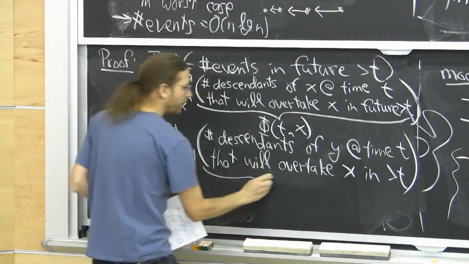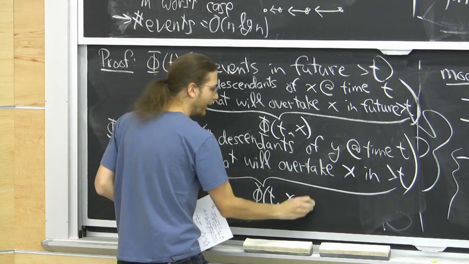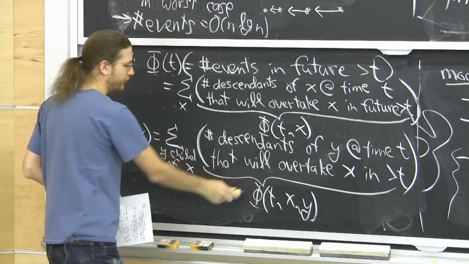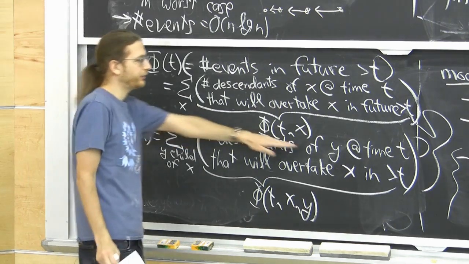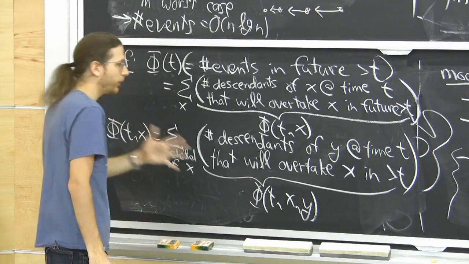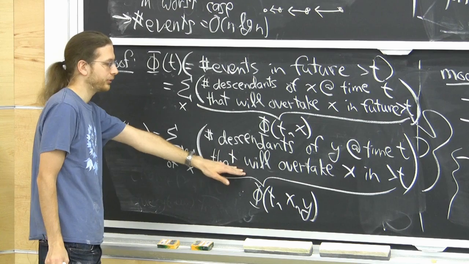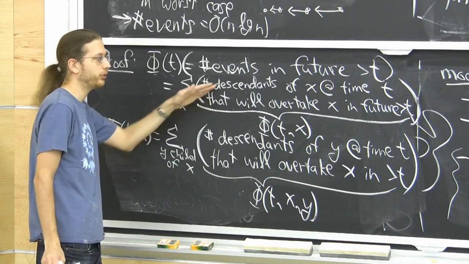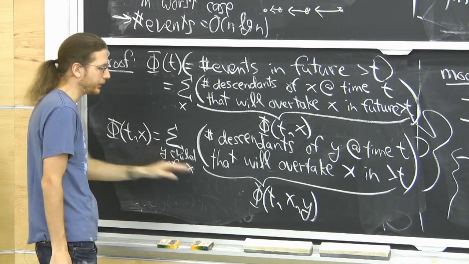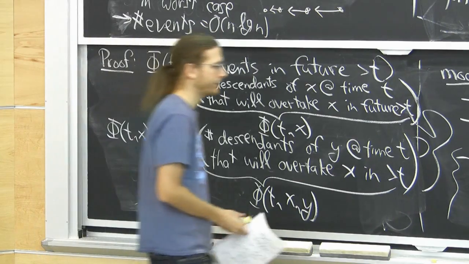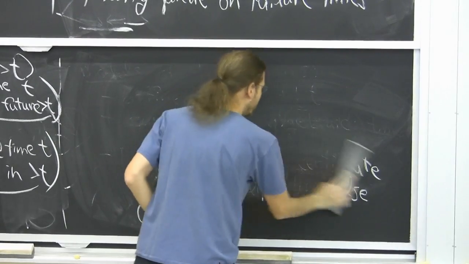Okay, this is a different quantity, slightly different, which I'm going to call phi of t comma x comma y. I just need to be able to talk about this, so this is mostly to introduce notation. Okay, and by descendants of y, this is including y itself. So there's y and all of its children, descendants, whatever. Which of those will overtake x? If I add that up for both children, that is the total number of descendants of x that will overtake x. Okay, so this equality is trivial. Mainly I wanted to introduce that. Okay, so what? Now let's look at an event, see what changes.